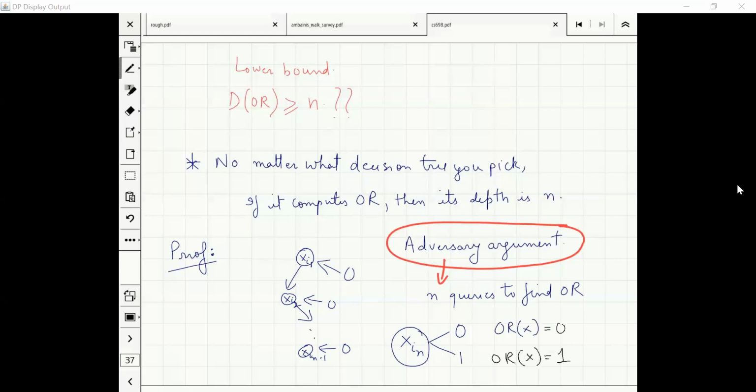I am able to construct a partial input such that after you have queried everything, there are two possibilities: the function could be 0 or 1. But your algorithm should have decided whether it was 0 or 1 because the depth of the tree was n-1. Hence, this tree cannot compute the function OR.